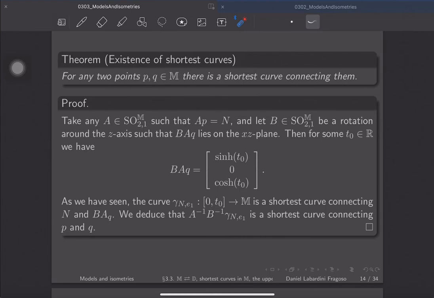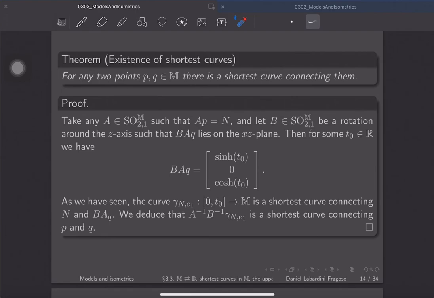Right? Okay, and in the xz plane I already found a shortest curve. Okay, and then I map back. So that's the argument. So part of the argument is that when I take rotations around the z-axis, those rotations really belong to the restricted Lorentz group. But this was an exercise that I left last time.